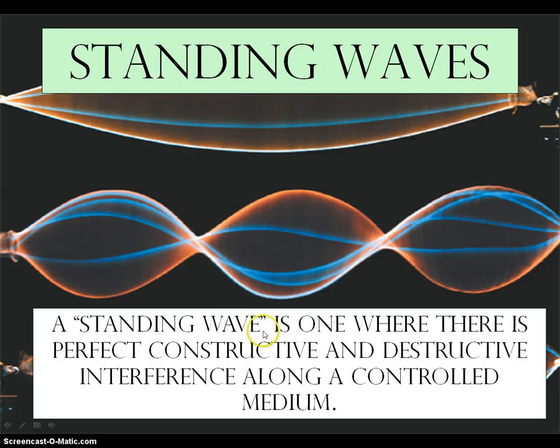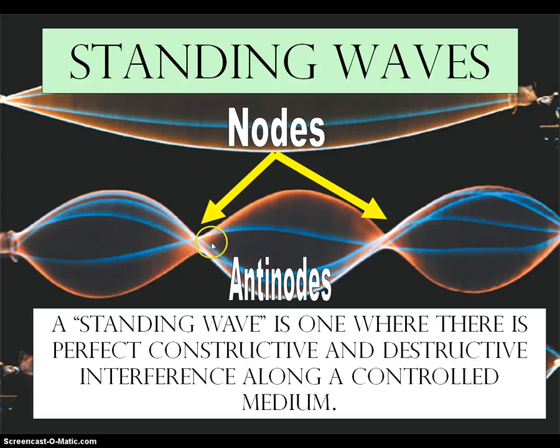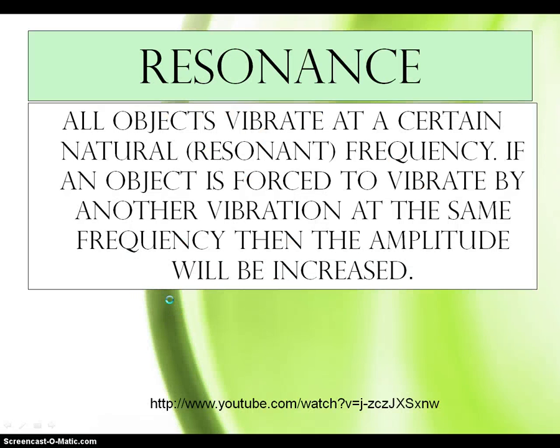And when we trap this standing wave, the note, or whatever that frequency note, rings out. It actually resonates very loudly, and we'll talk about what resonance is here in a minute. But a standing wave is when we sort of trap this constructive and destructive interference, and we end up with nodes and antinodes. So nodes where you've got the destructive, and antinodes where you have the constructive interference happening.